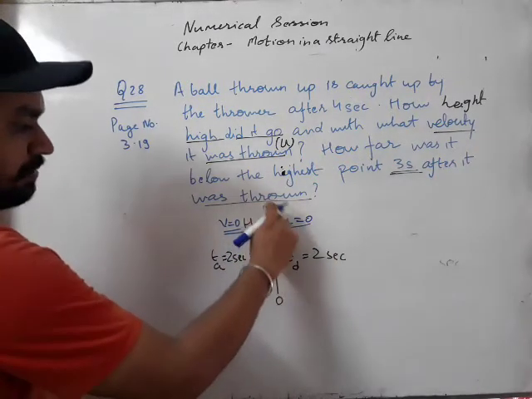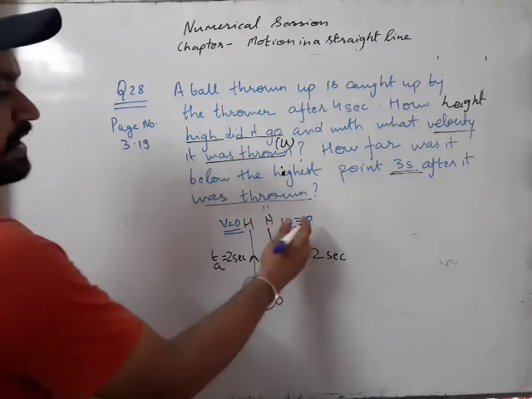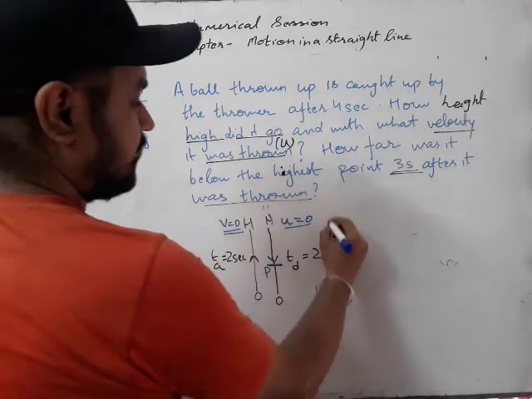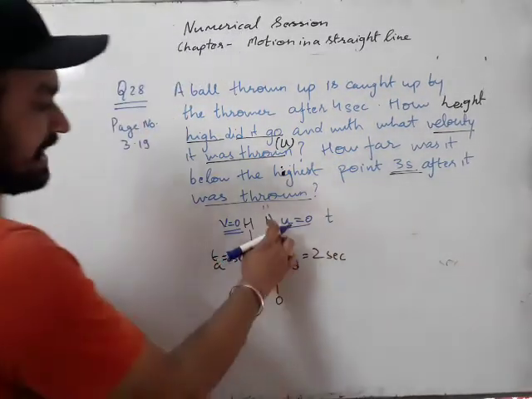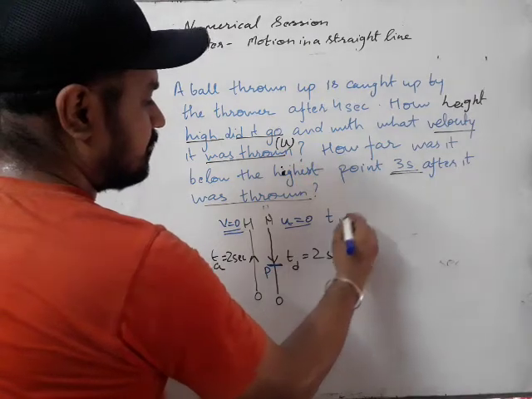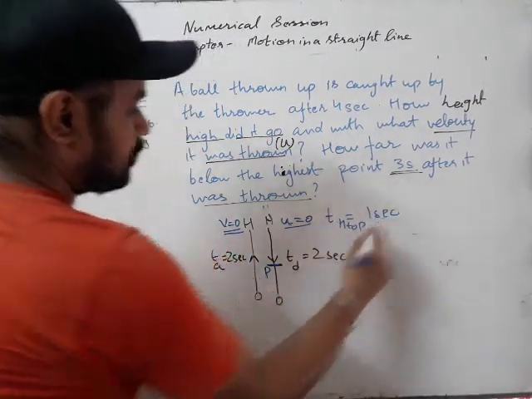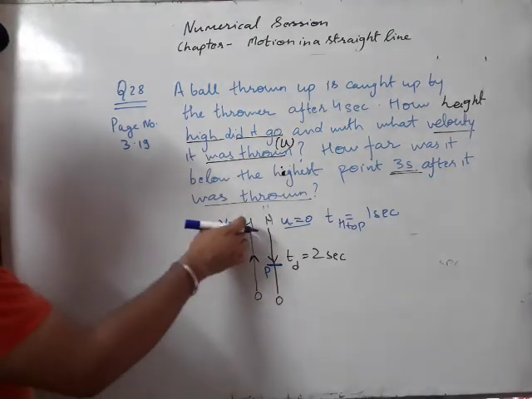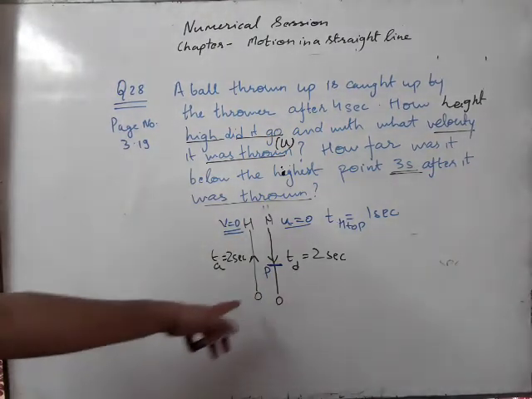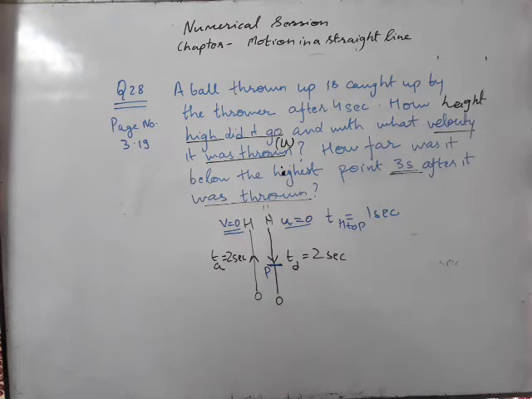Now it is coming back, so it has dropped from here, so initial velocity will be 0 over here. Now time from H to P will be 1 second. Why 1 second? Because 2 seconds it has already used to rise up from O to H. It has used 2 seconds. So only 1 second is left, that is H to P, that is 1 second.